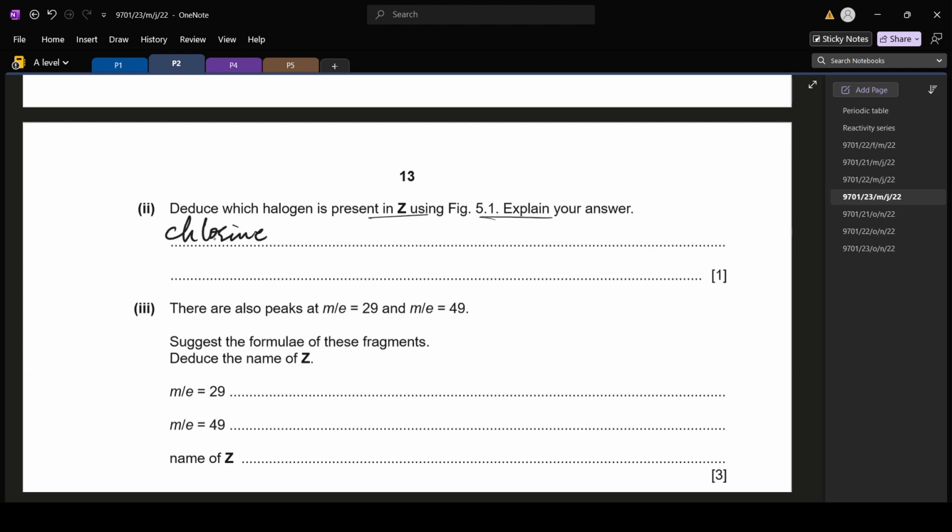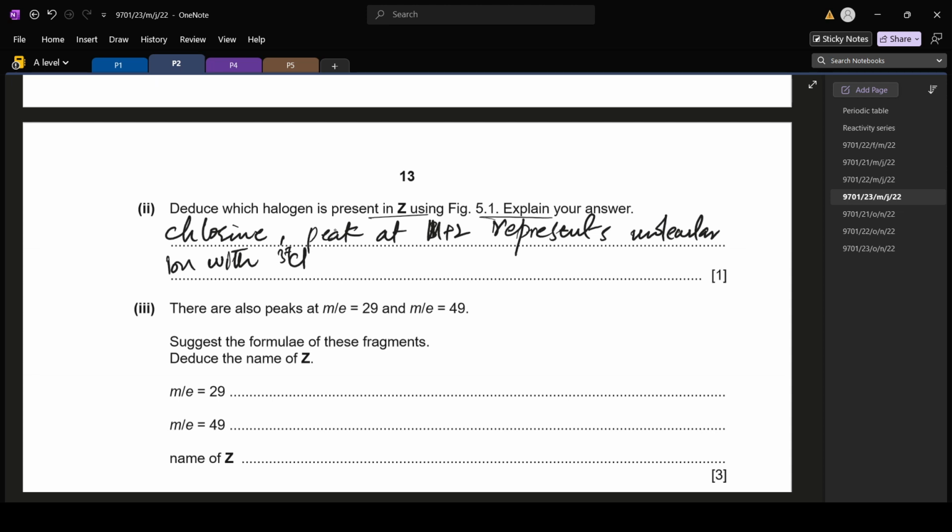And why chlorine? Because the peak at M plus 2 represents the molecular ion with Cl-37.